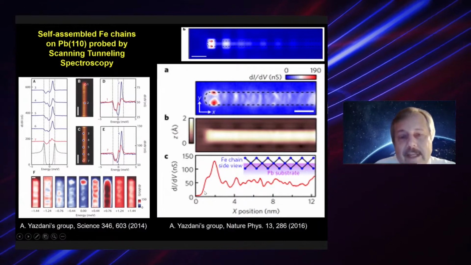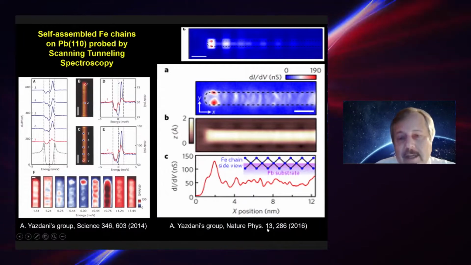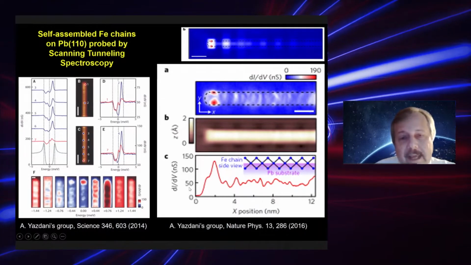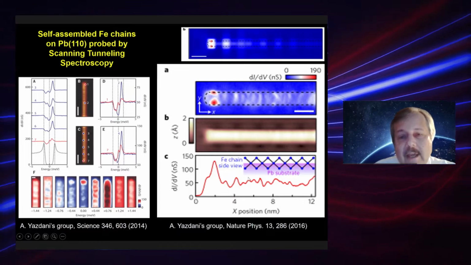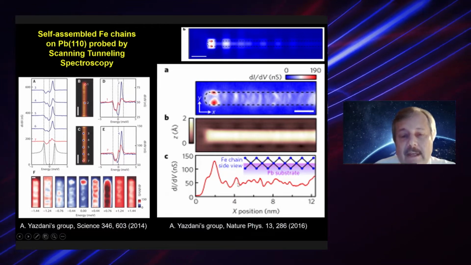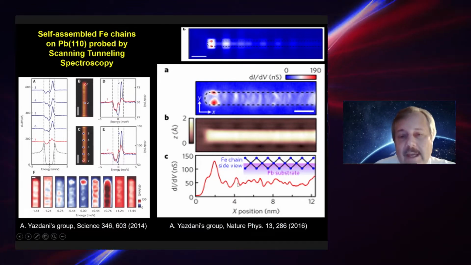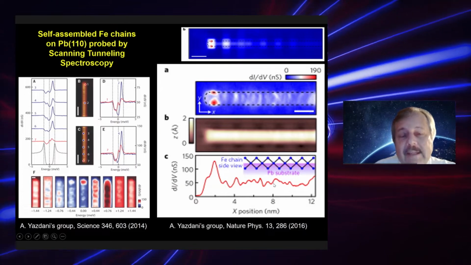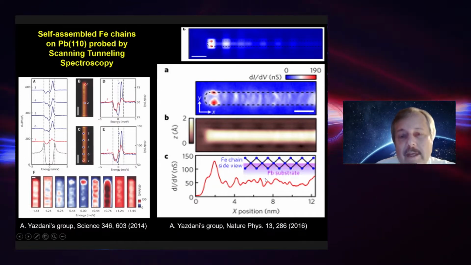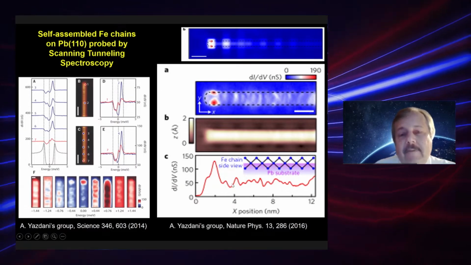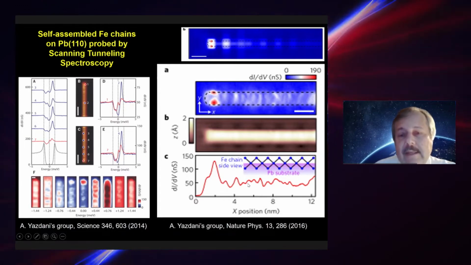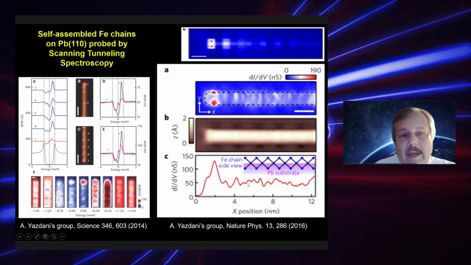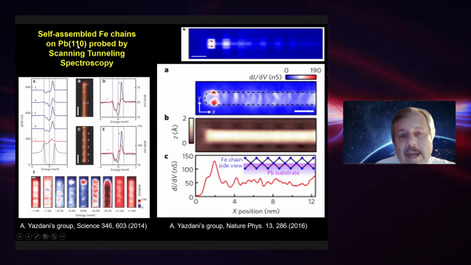But if one looks at the experimental data published in this reference, the conductance measured along the chain shows an irregular structure. It's not periodic as it should be for a crystalline wire. This means, of course, that there's a disordered wire here. It's an amorphous wire because of intermixing between iron and lead.